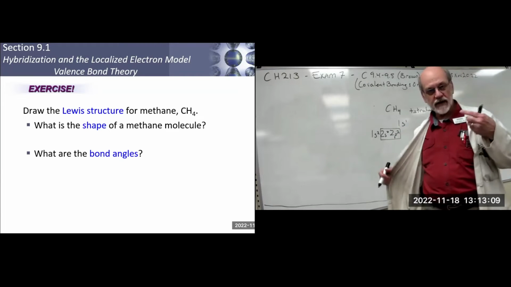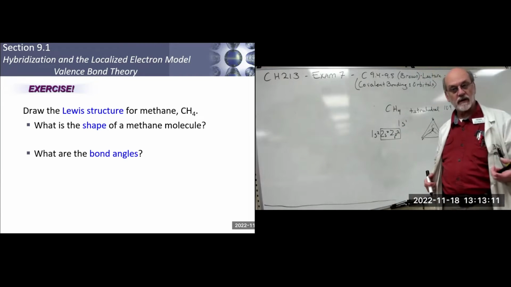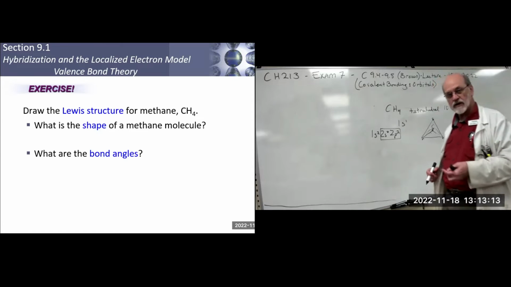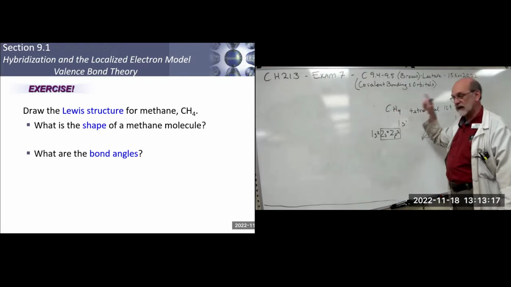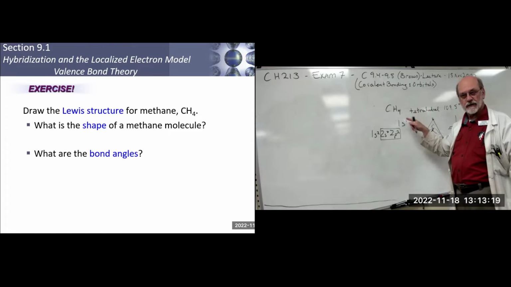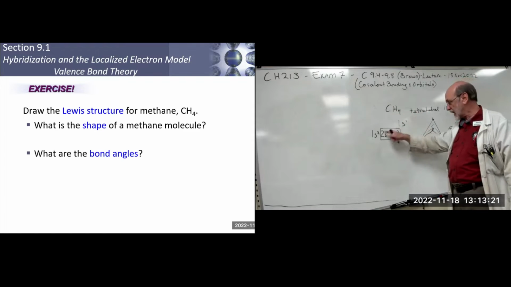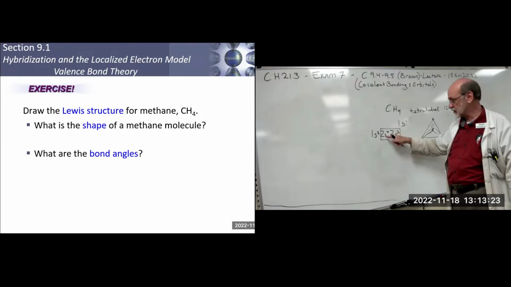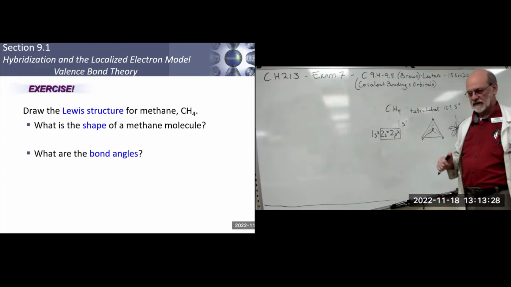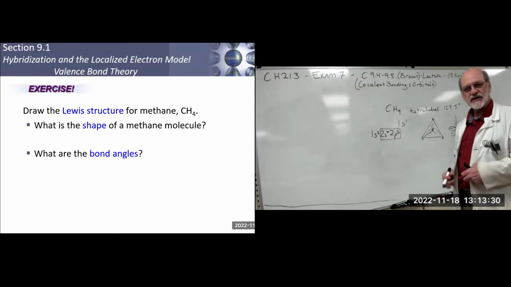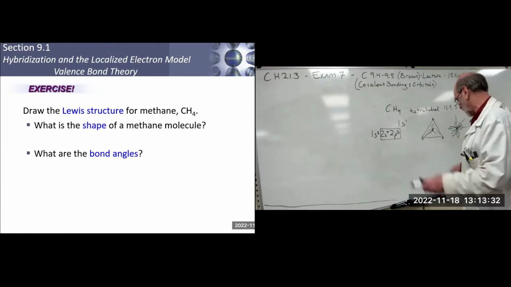This is where the valence bond theory falls apart, because it says that these electrons belong to carbon and those electrons belong to hydrogen. If they're going to overlap, then you cannot change this electronic geometry to suit yourself, unless you introduce a modification, which is what we're going to do next.